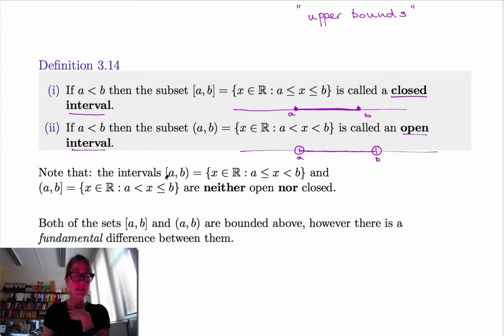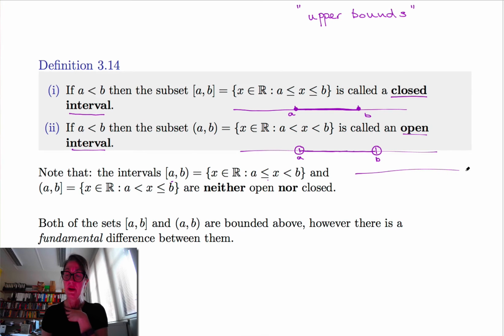The other variations are intervals that have one square bracket and one round bracket. That just means if it's got a square bracket, that number's included. So here the a is included, but the open bracket means that b isn't. So this is a less than or equal to x less than b, or symmetrically a is less than x less than or equal to b.